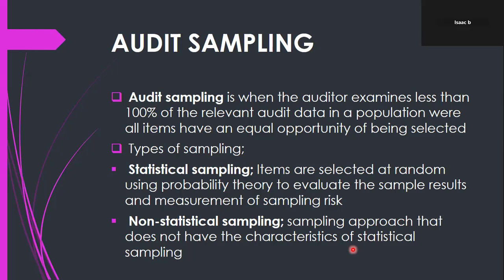Then there are two types of audit sampling: statistical sampling and non-statistical sampling. Statistical sampling involves items selected at random using probability theory to evaluate the sample results and measurements of sampling risk. So statistical sampling just involves mathematics and statistics so that we obtain the sample that we're looking for.